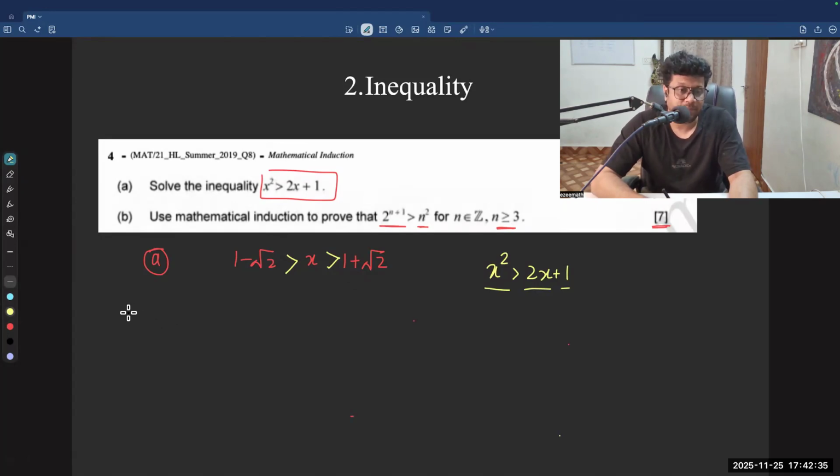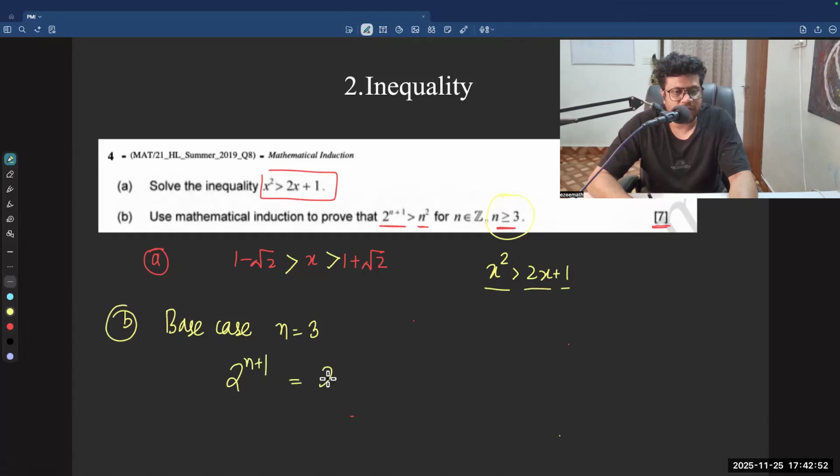Now we're going to do part B. Again, same situation like we did in the first video. We check for the base case where n is supposed to be 3. In this set, the smallest number is 3. We'll check. 2 to the power of n plus 1 comes out to be 2 to the power of 3 plus 1, which is 16.